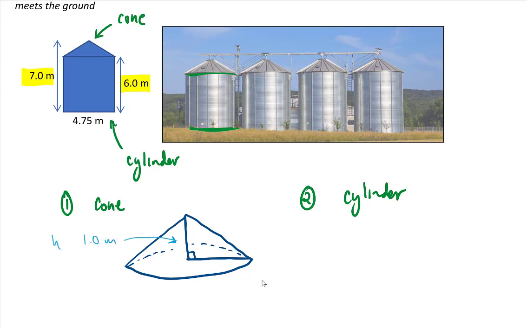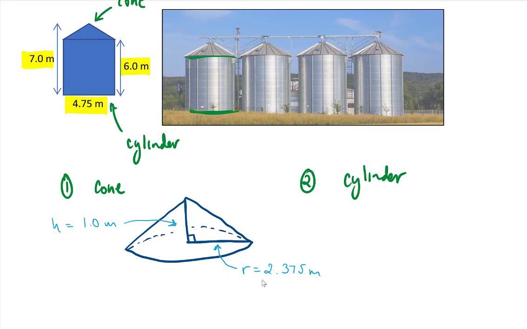That's going to be the height of the cone. Next, the radius of this cone is just going to be half of 4.75, which gives us 2.375 meters.